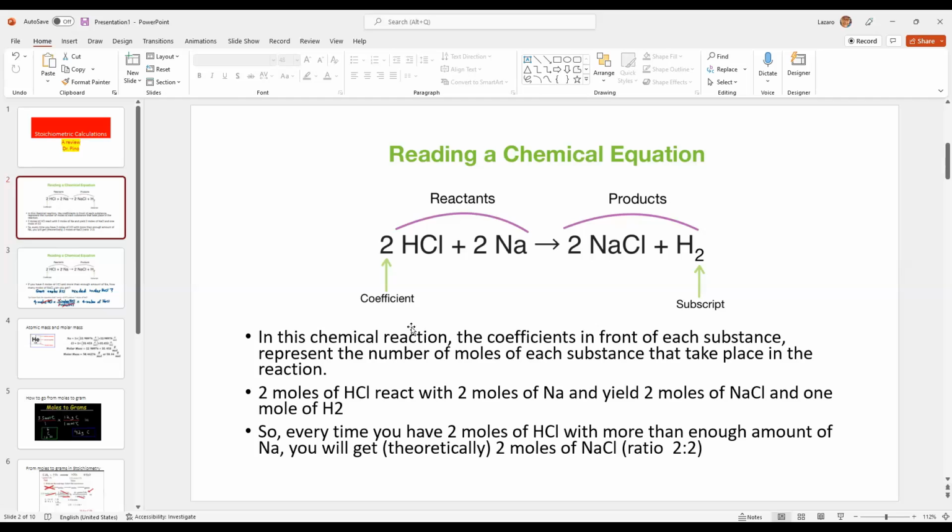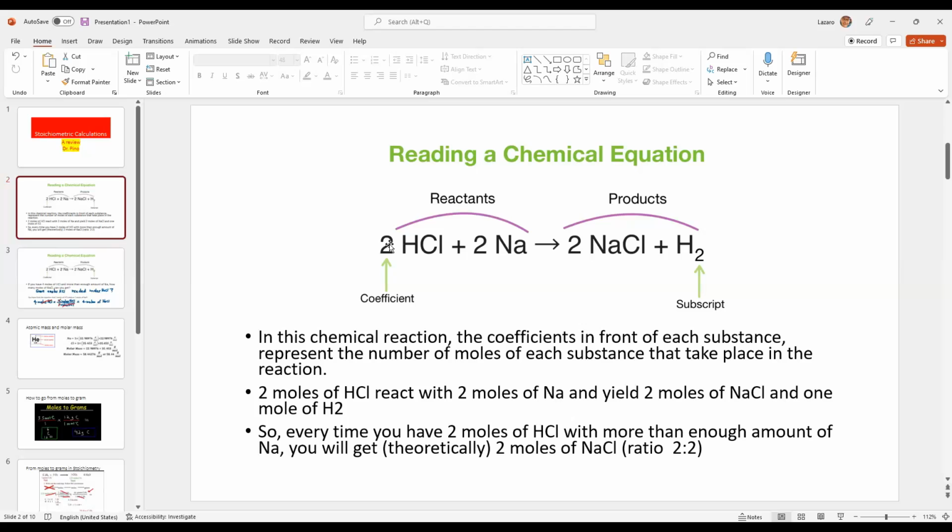The coefficients represent the number of moles of each substance in the chemical reaction. For example, 2 moles of hydrochloric acid react with 2 moles of sodium to produce 2 moles of sodium chloride and 1 mole of dihydrogen.